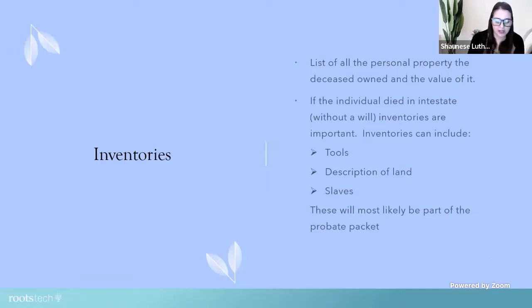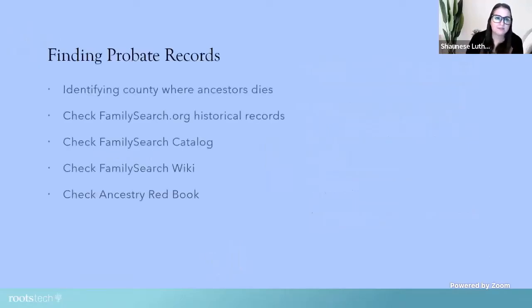So how can we find these probate records? You need to identify the county where your ancestor died. Then, and I should have switched this around, but this is what I would do. Once I knew the county where my ancestor passed away, I'll check the catalog and the wiki to see if they have that.